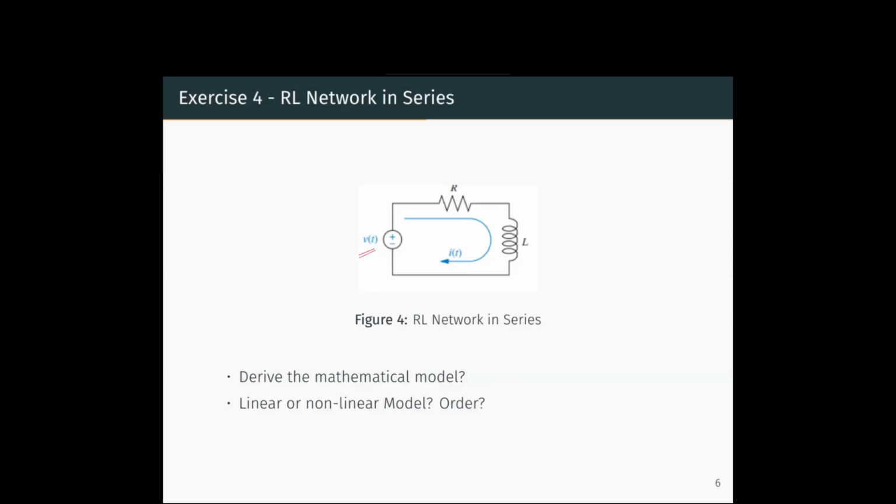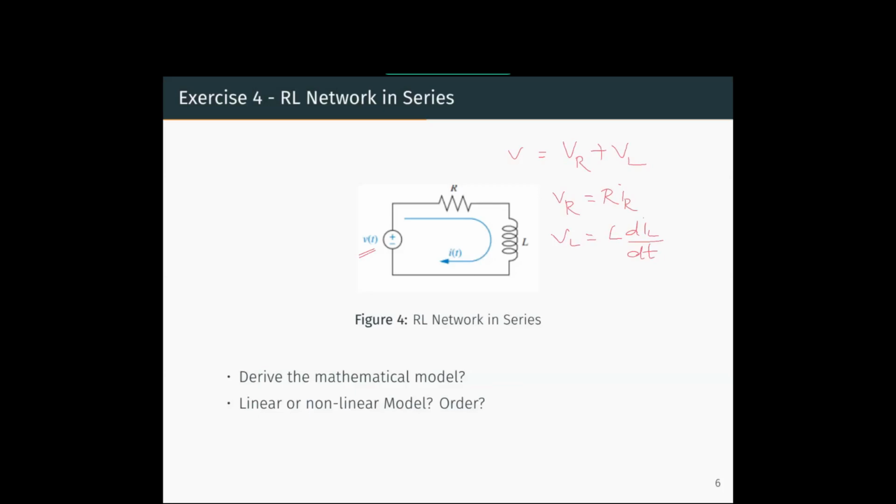Like all the modeling, we will start with the balance equation. Here Kirchhoff's voltage law states that whatever input voltage we give will be equal to the voltage dropped across the resistor and the voltage dropped across the inductor. The voltage across the resistor is given by the resistance value times the current through the resistor.